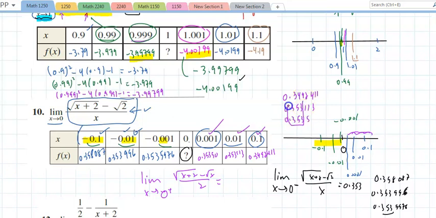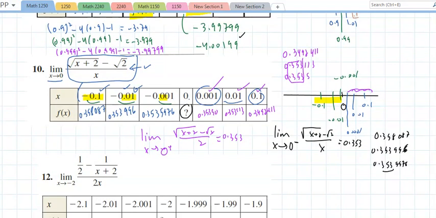Do we agree that this is 0.353 at most? So if these numbers match, and they do match, we say this limit equals 0.353. So you look from the left, you look from the right, and they have to match.